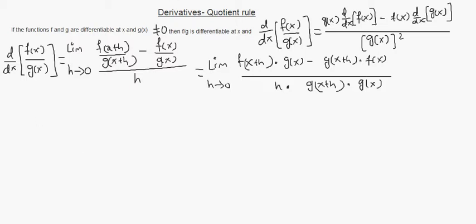Now adding and subtracting f of x times g of x in the numerator.